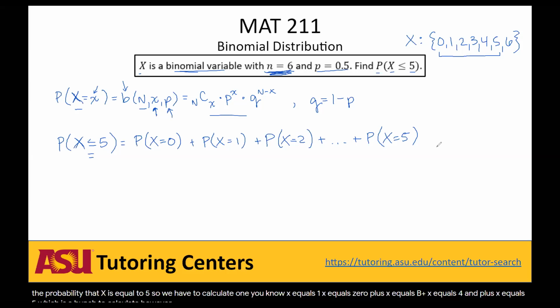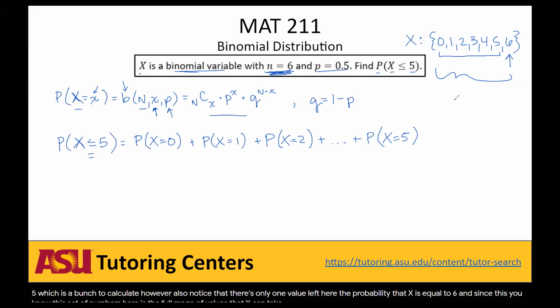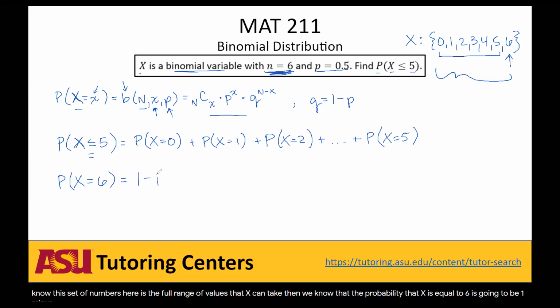However, also notice that there's only one value left here, the probability that x is equal to 6. And since this set of numbers here is the full range of values that x can take, then we know that the probability that x is equal to 6 is going to be 1 minus the probability that x is equal to all of these other values.